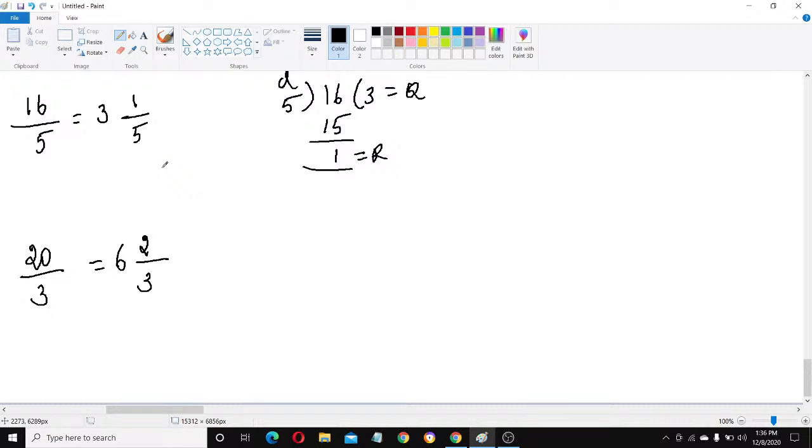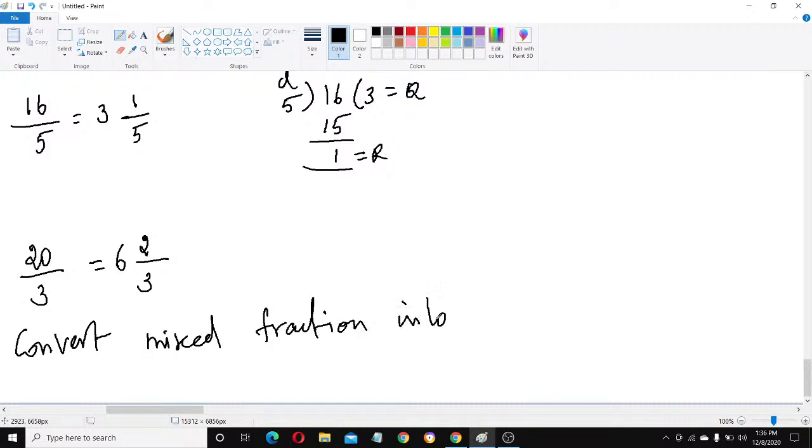Now how do we convert a mixed fraction into an improper fraction?